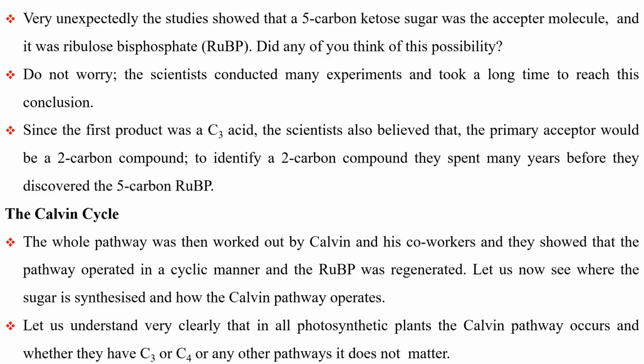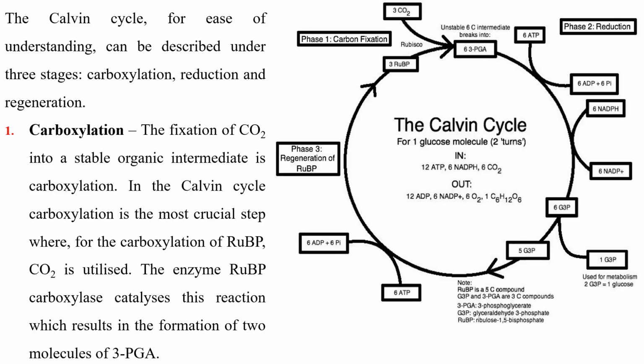Let us understand very clearly that in all photosynthetic plants, the Calvin pathway occurs, and whether they have C3 or C4 or any other pathways, it does not matter. The Calvin cycle, for ease of understanding, can be described under 3 stages: carboxylation, reduction, and regeneration. 1. Carboxylation.